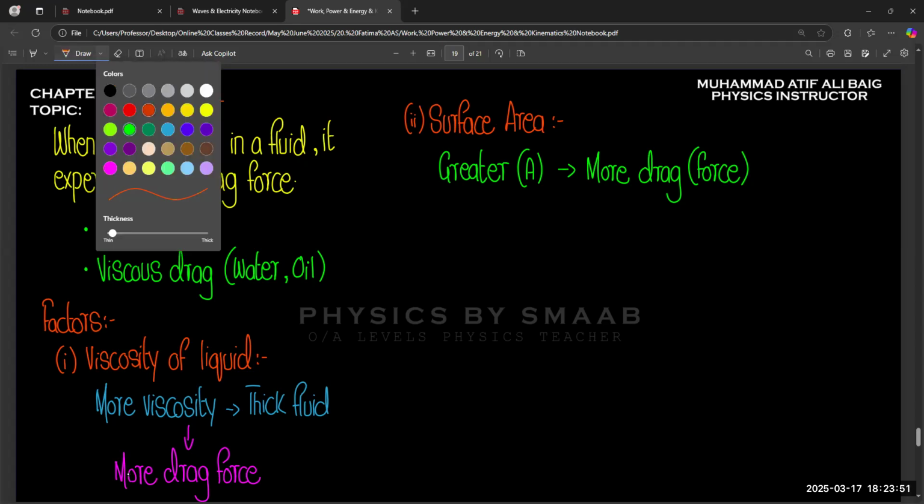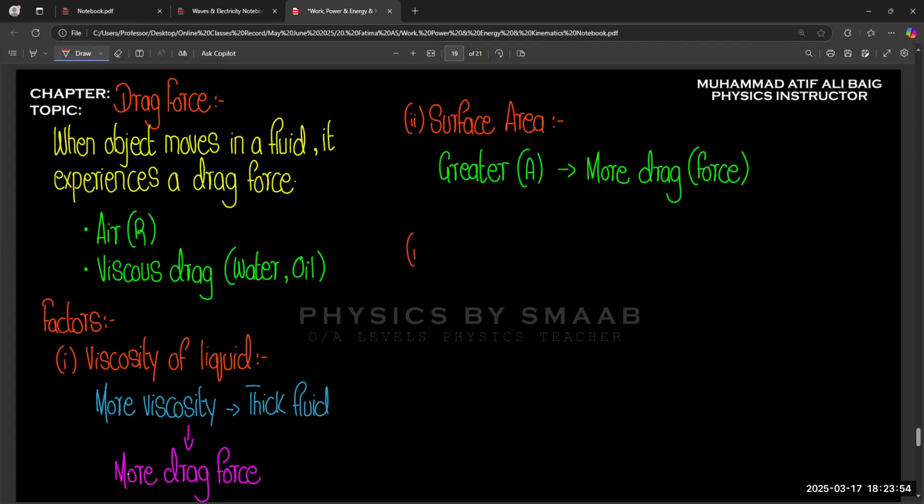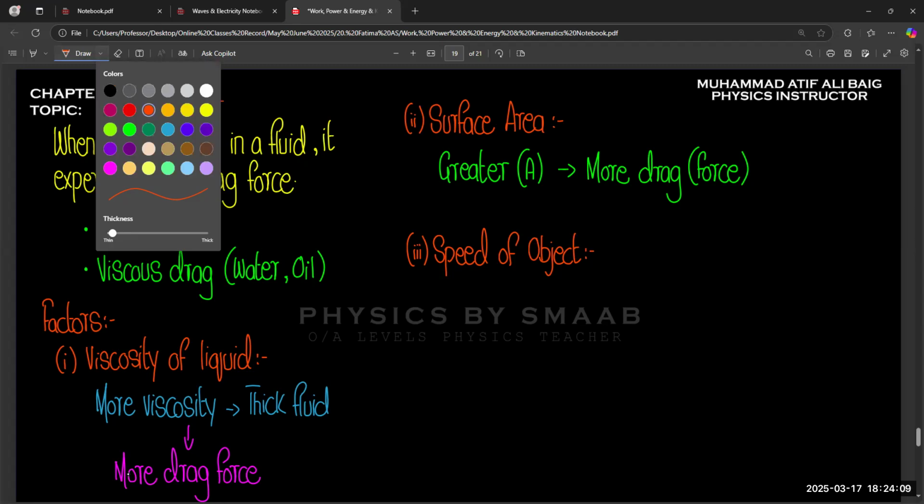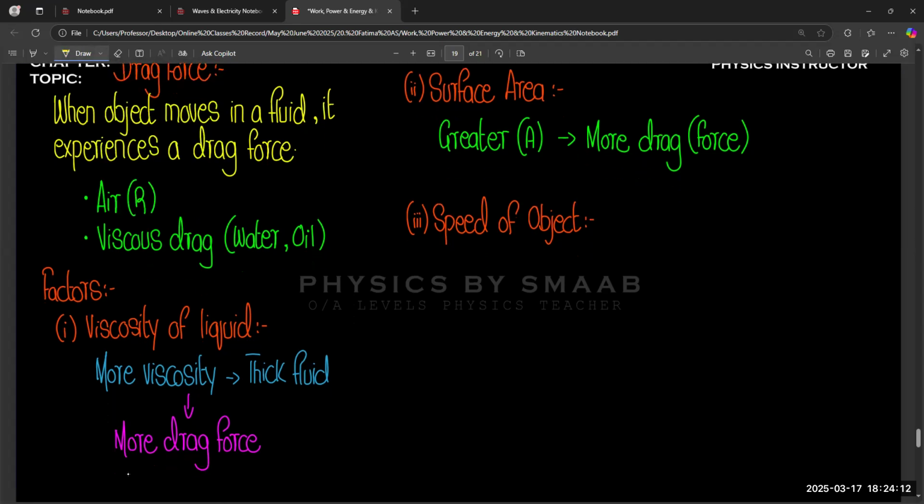And the third factor is speed of the object. Greater speed means greater drag force.